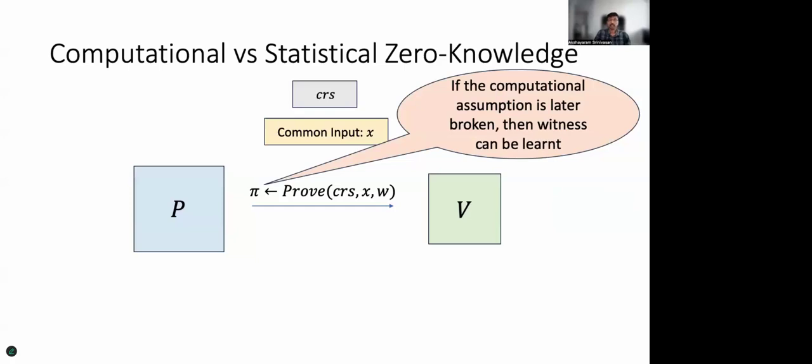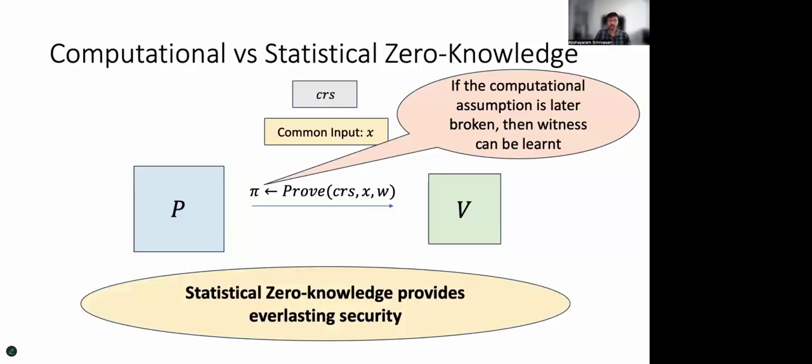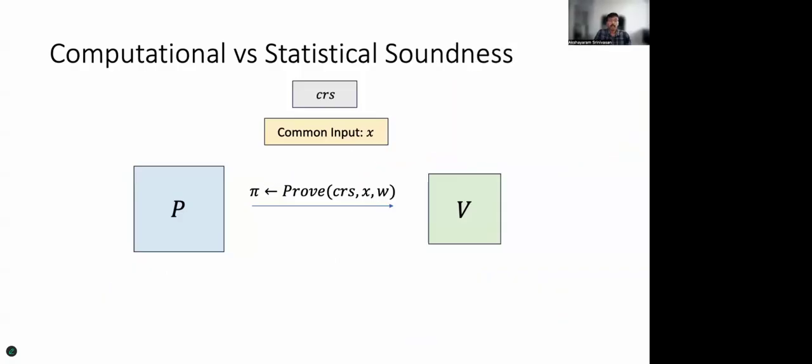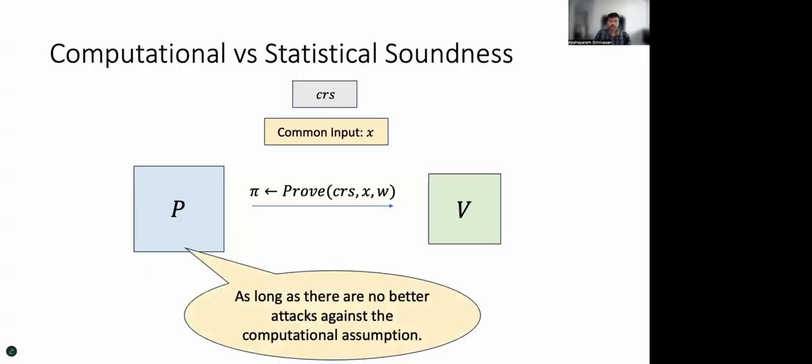However, if this proof system satisfies statistical zero knowledge, then we get some sort of everlasting security. In contrast, the soundness notion is required only at the time of generating this proof. So as long as the computational assumption that underlies the soundness criterion has no better attacks, we can continue to use this proof system.